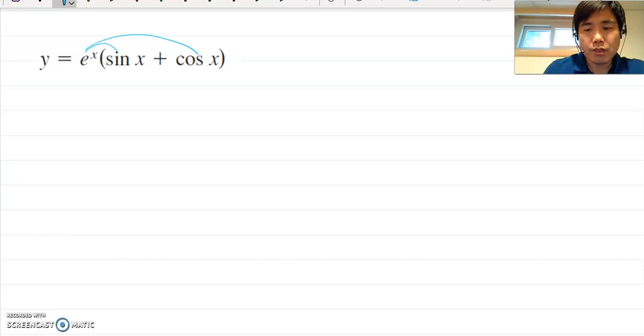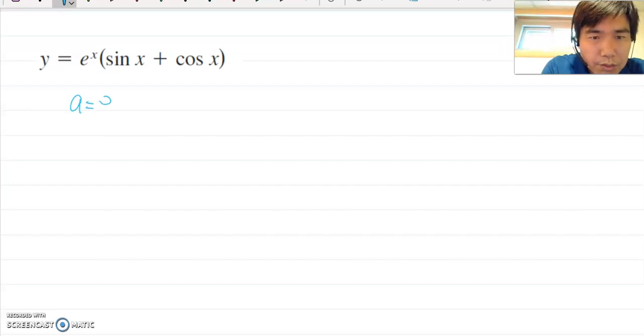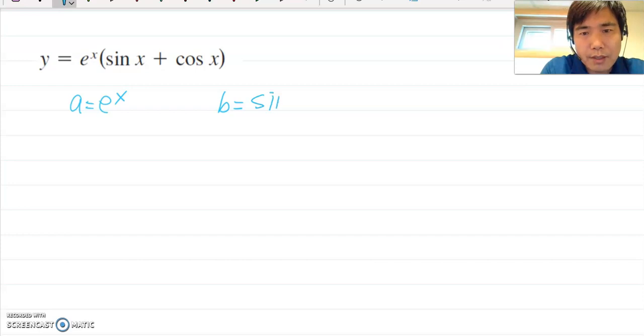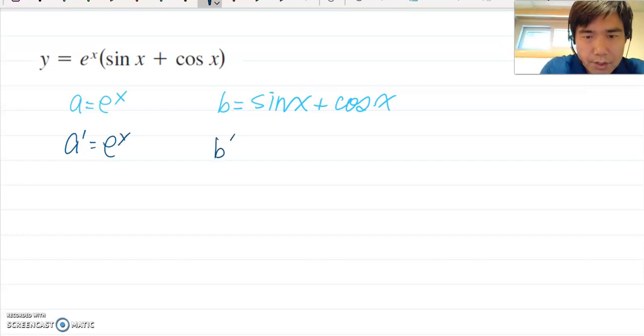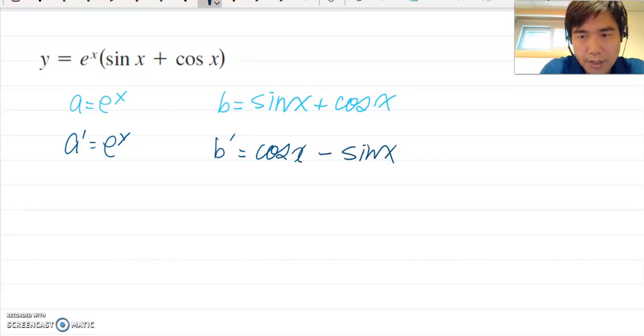So I would rather start using the product rule from here. Okay, so a equals e to the x and b equals sine x plus cosine x. Okay, then a prime becomes e to the x, and then b prime becomes cosine x minus sine x.